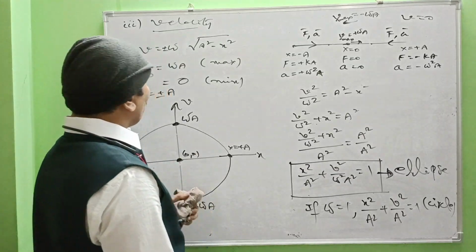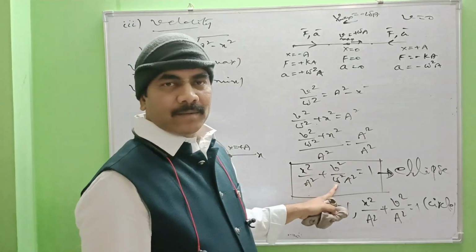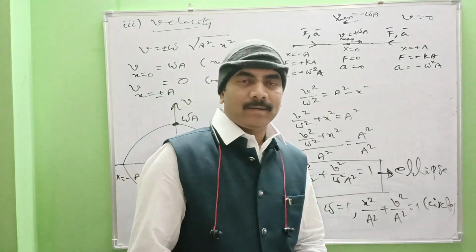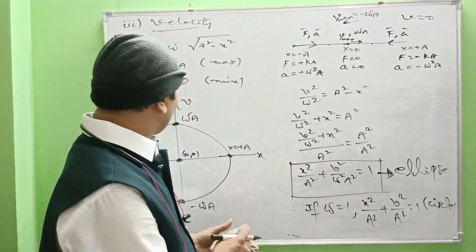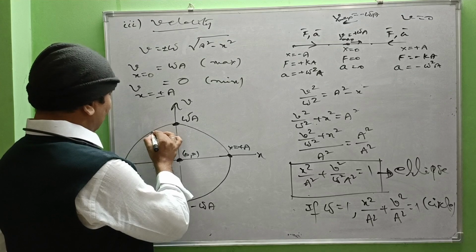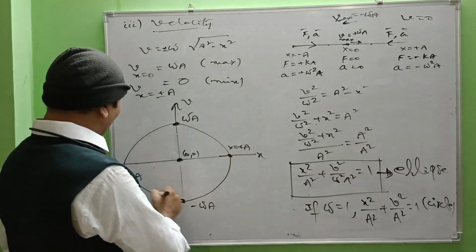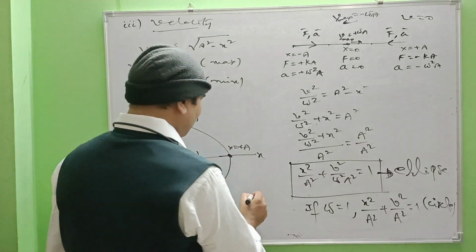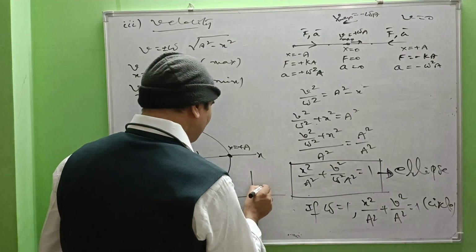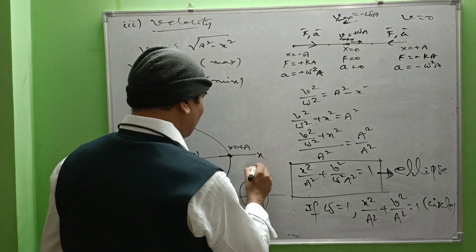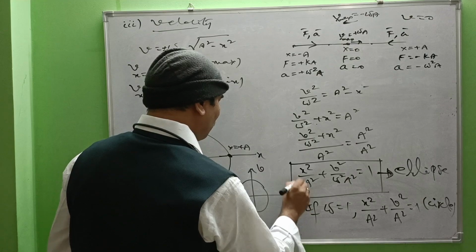Suppose omega equal to 1. What about the variation? The elliptical shape is modified into a circular shape. See, like this, a circle. This is velocity, this is position x.